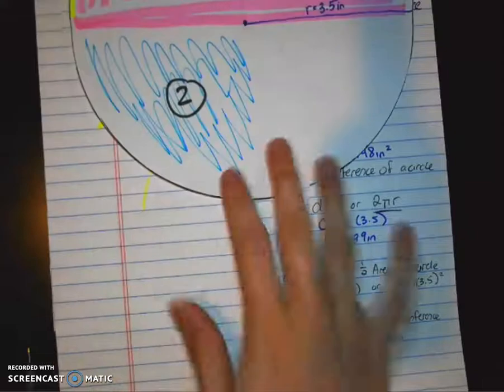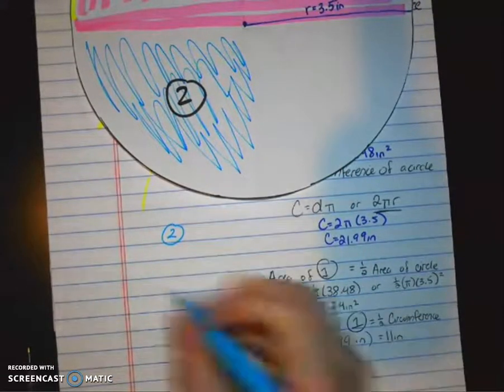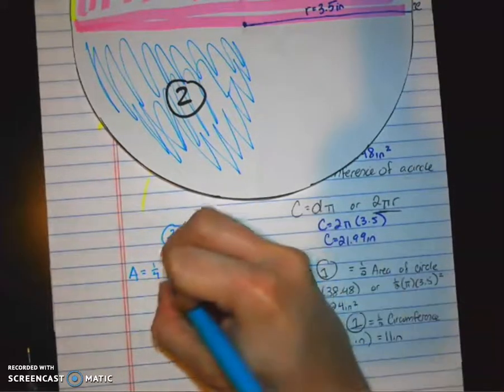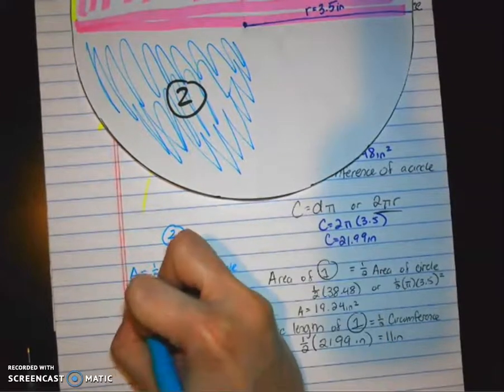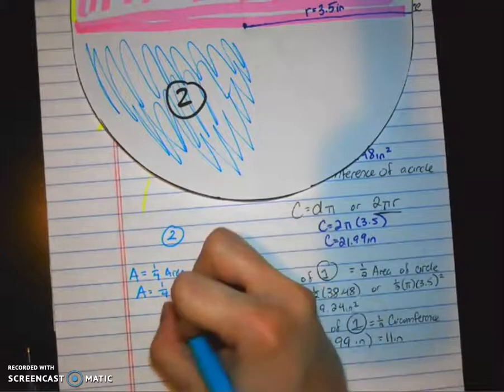So for section 2, I could say that my area is going to be 1/4 the area of the circle. So I could do 1/4 of the 38.48.